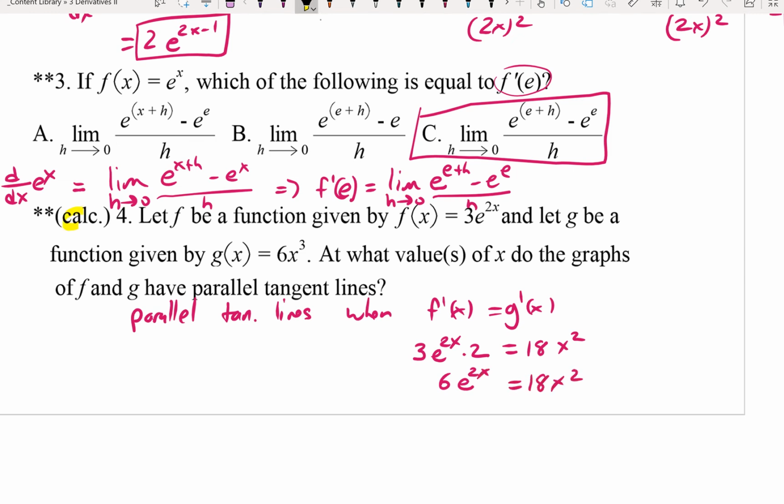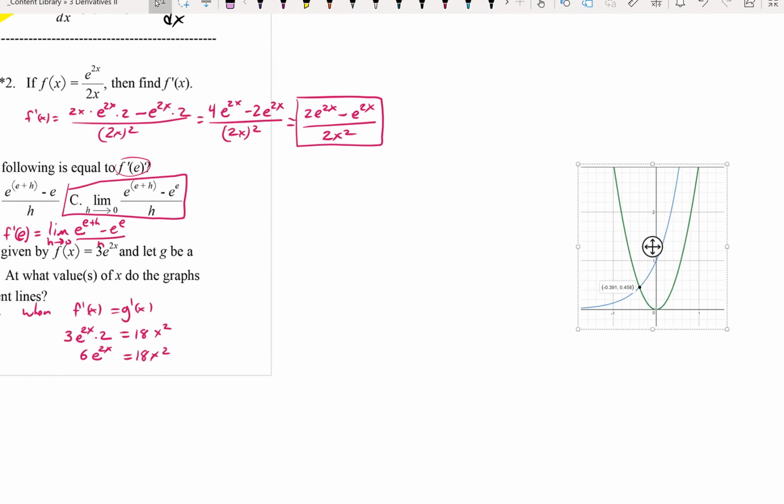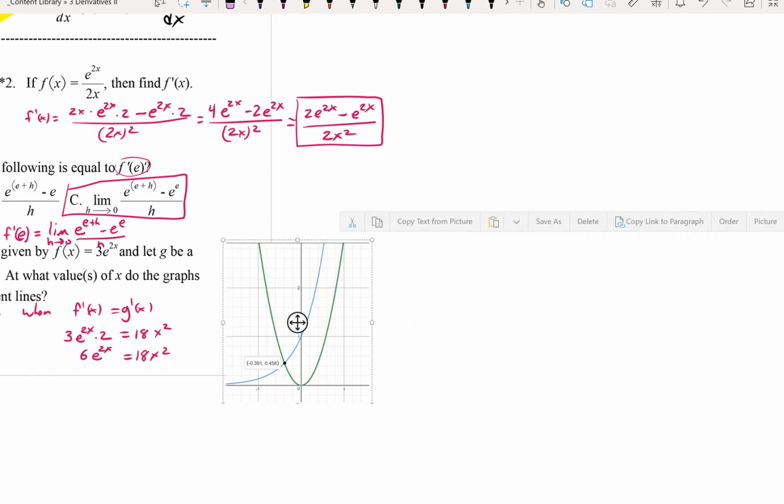This is calculator allowed, so I'm going to go ahead and graph this. I've actually already graphed it ahead of time right over here. Let's bring this in from Desmos right over here.